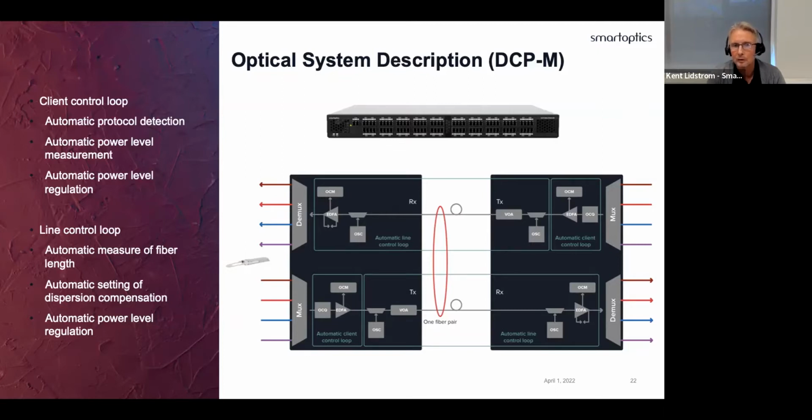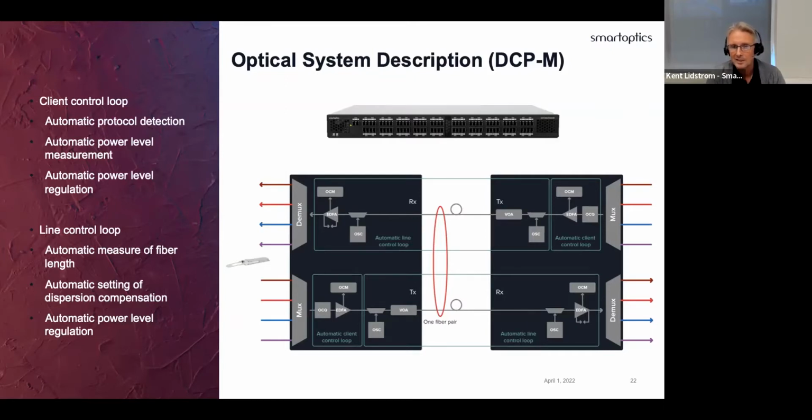On the line side, when we connect the box and put power on it, we will start to shoot out a 1510 nanometer CWDM wavelength over this OSC, optical surveillance channel part, where we go into a CWDM filter and shoot that over to the other side where we terminate it.